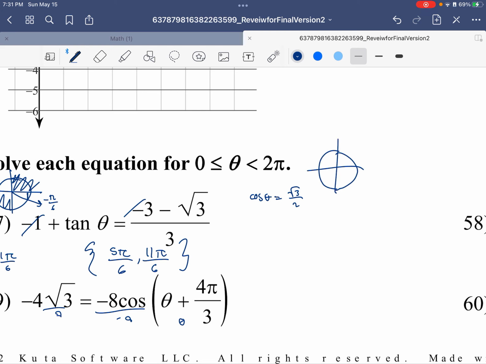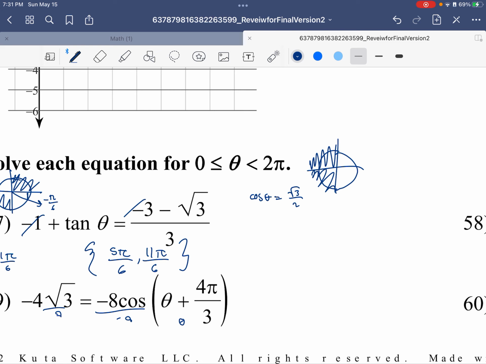And so basically for tangent, you're going to use one angle to find the solutions, but for cosine and sine, you're going to need to use 2 points on the circle. And one way you can find those points is by looking at your circle and knowing that cosine is positive in this case, and so it can't be here, because cosine is negative in this quadrant, and it's also negative in this quadrant.